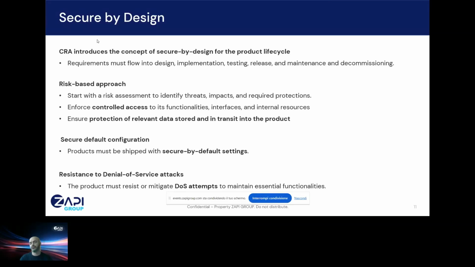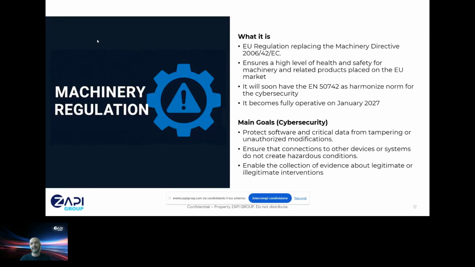Before continuing with the security by design requirement requested by the CRA, it is better to note that the machinery regulation also introduces some cybersecurity requirements intended basically to protect the safety of the user.